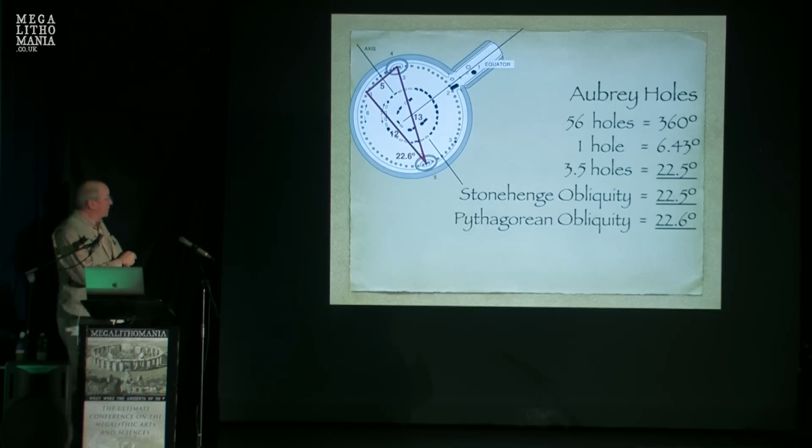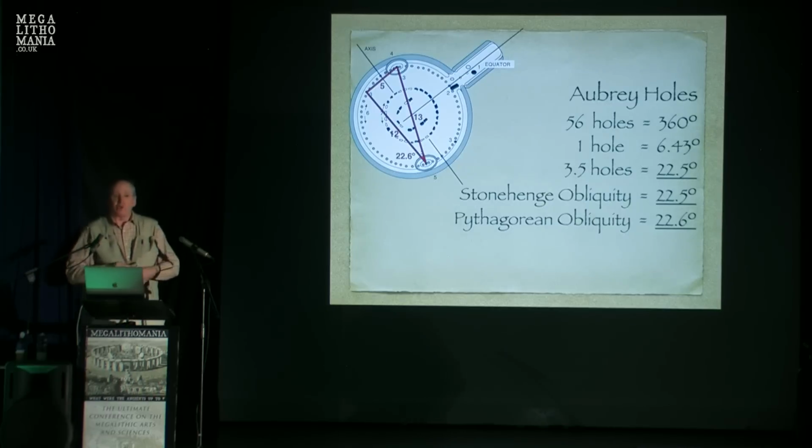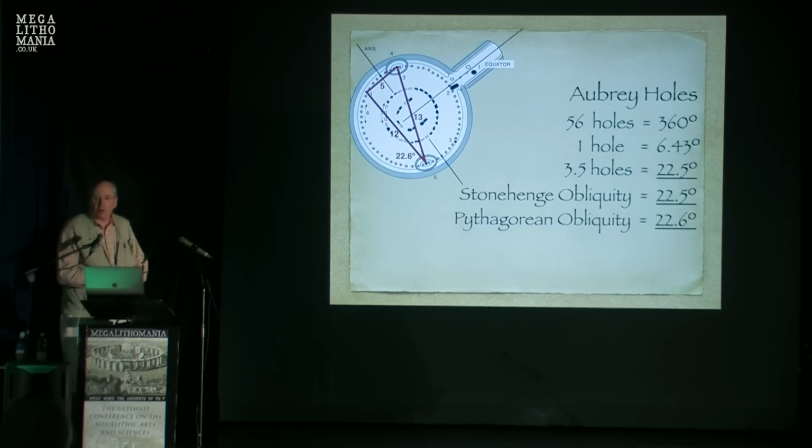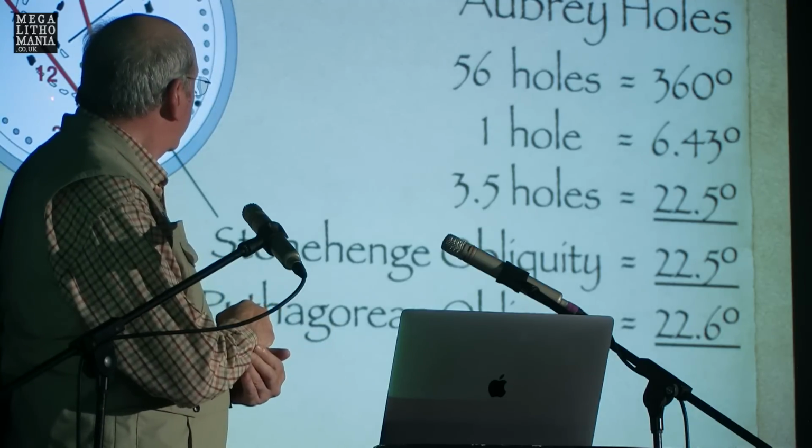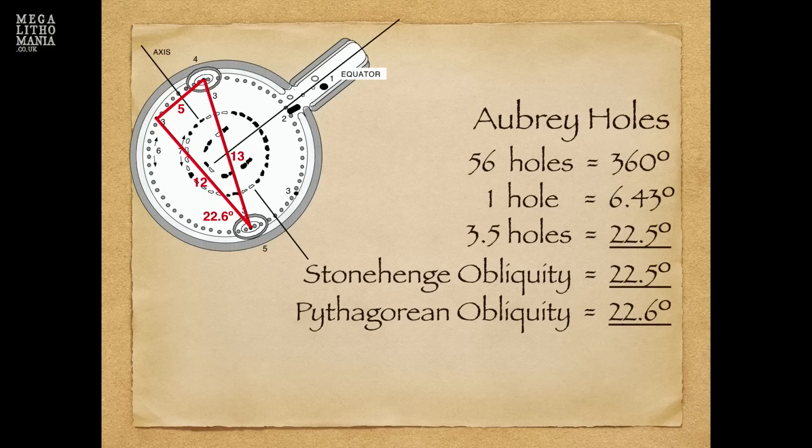This one is 96, and this one is 104. And you might think those are very odd numbers to have for a triangle, but if you divide by 8, you get 5, 12, 13. It's confirmation that the megalithic yard was being used on this site.